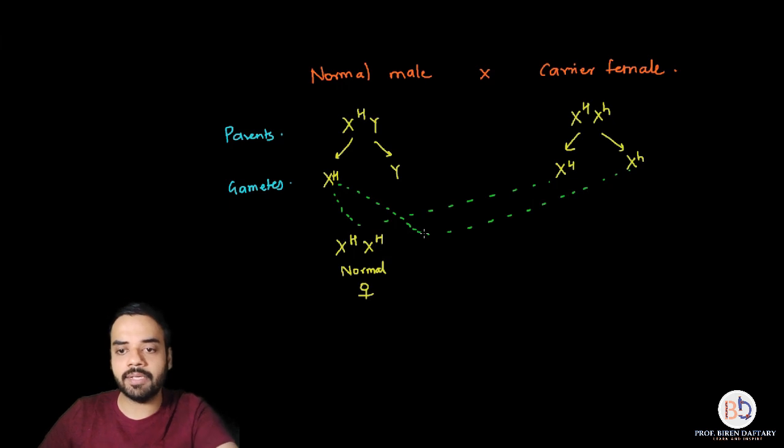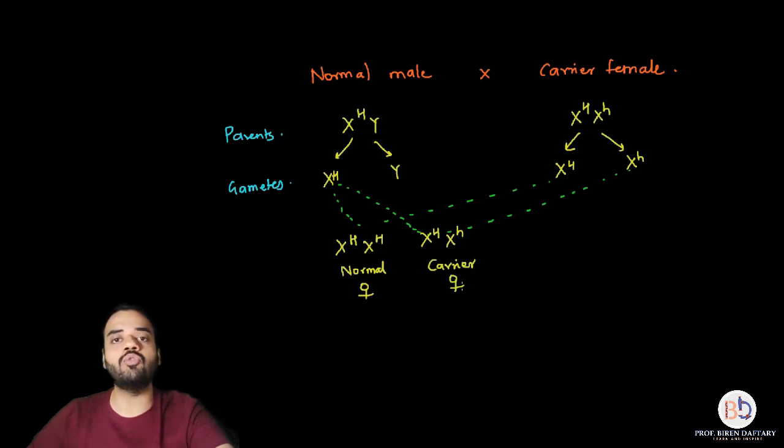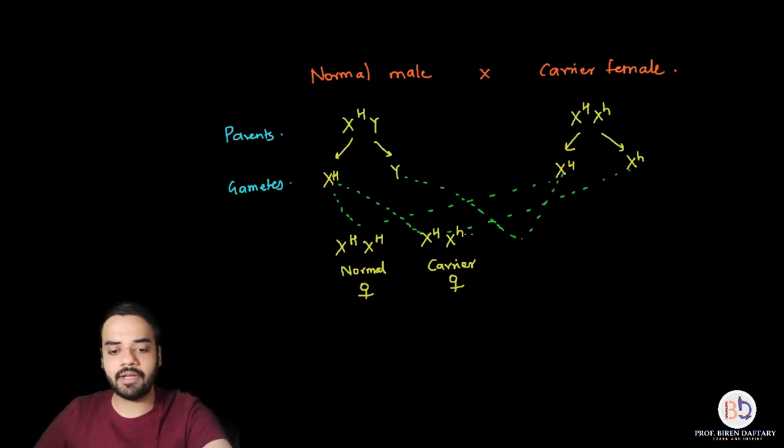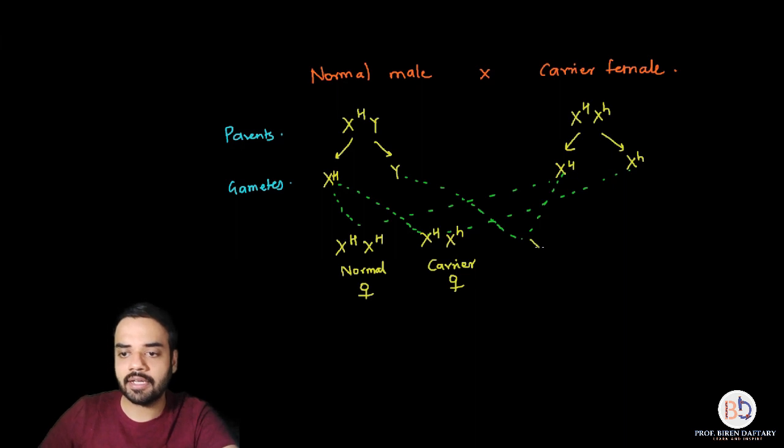So that is going to be X capital H, X small h, which is a carrier female. Right? So out of the two females, one is carrier, one is normal. Then again, now we take the Y gamete and attach it with this gamete of the female, and we get over here X capital H, Y, which is a normal male.